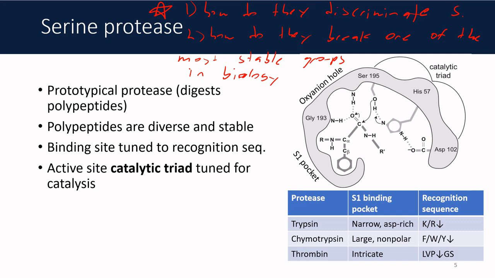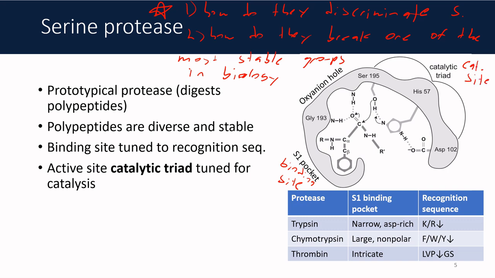Remember how a few lectures back I said that the binding site and the catalytic site are technically two different subcomponents of the enzyme active sites, and this diagram should explain why. Over here, where we have S1 pocket, that's the binding site. And on the other end, this whole complicated mess in this diagram of a serine protease active site, we have a catalytic triad, which are 3 reactive residues that constitute the catalytic site.